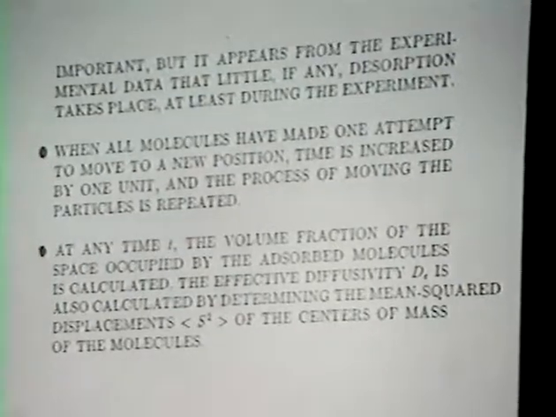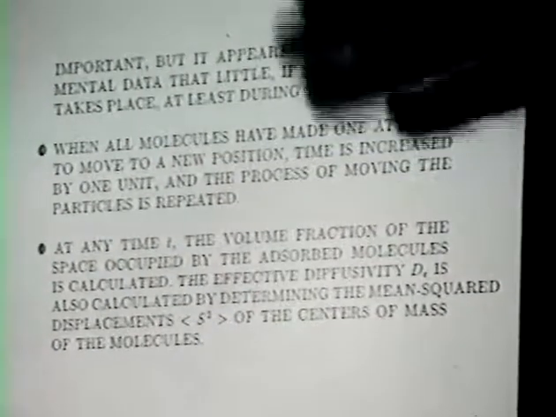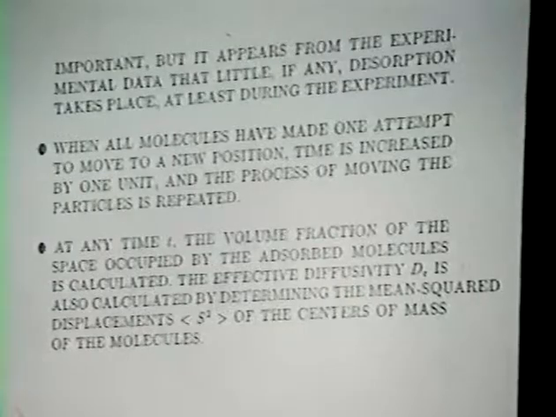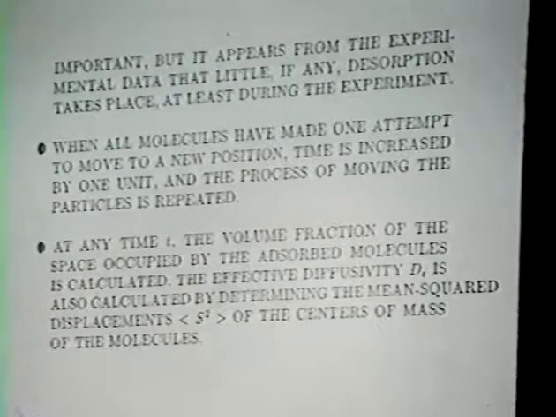When all the molecules have made one attempt, you increase the time, and at any time t, you calculate the mean square displacement, and you also calculate the volume fraction of the porous space that has been occupied by the adsorbed molecules, and you follow that. You calculate the mean square displacement, from which you calculate the effective diffusivity, which is what I originally mentioned.